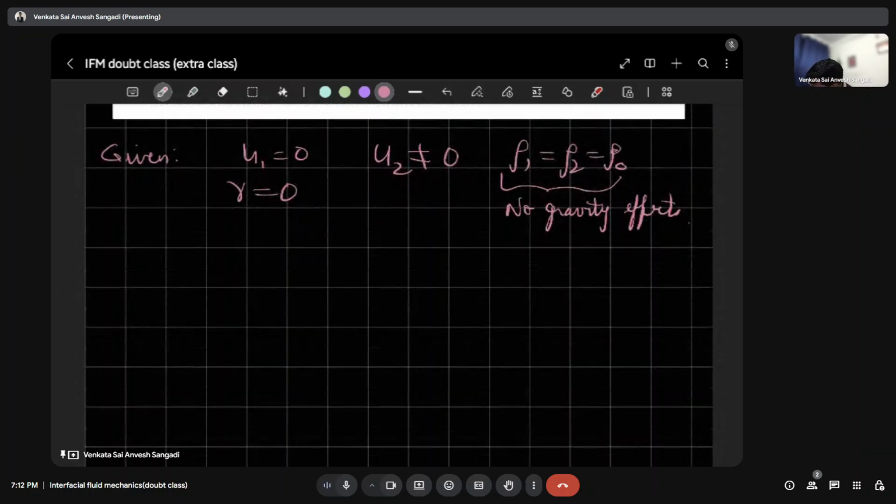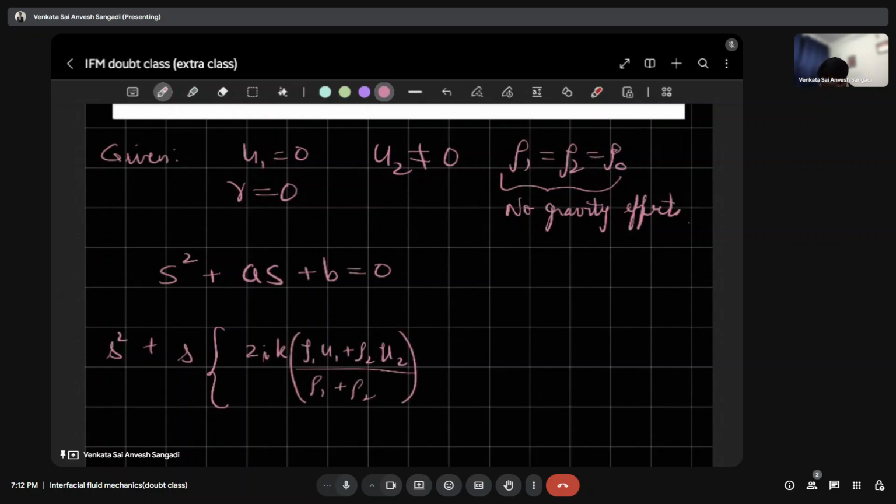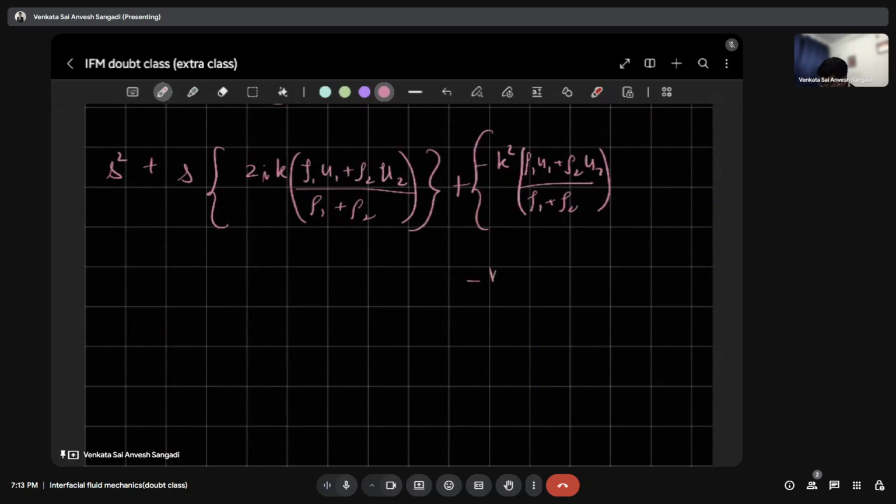We know that the equation for stability is given by s square plus as plus b equals 0, where a is 2ik times rho1 u1 plus rho2 u2 by rho1 plus rho2, and b is minus k square times rho1 u1 squared plus rho2 u2 squared by rho1 plus rho2, minus kg times rho2 minus rho1 by rho1 plus rho2, plus k cubed gamma by rho1 plus rho2.